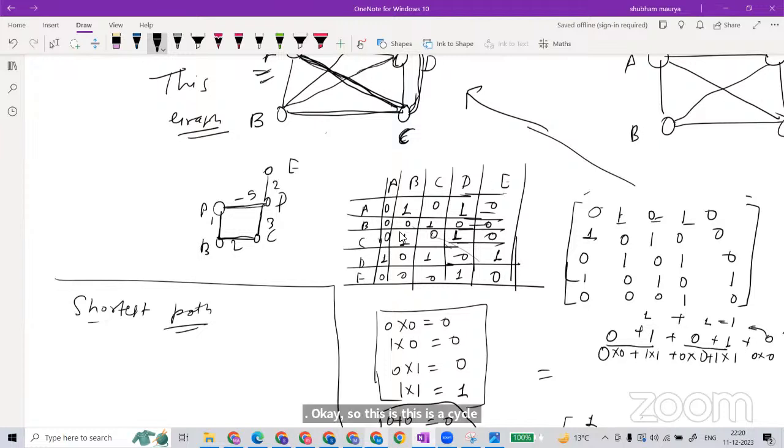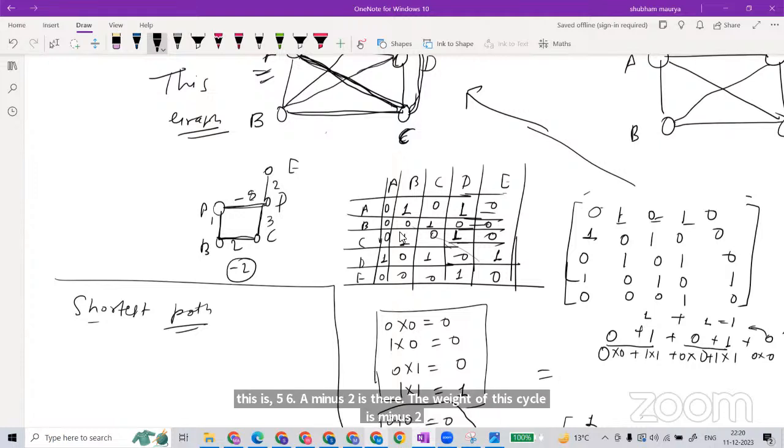And if you count the weights, let's say this is 8 and this is 3. Now what is the weight of this cycle? -2, yes. The weight of this cycle is -2.